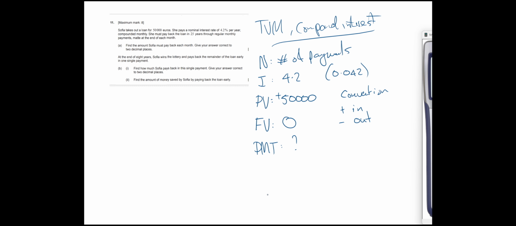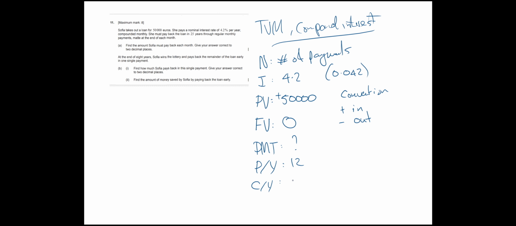Payments per year is going to be 12, which you don't really need to worry about for this one because it's already calculated monthly, so that's going to be 12. You could say that it's compounded annually over 300 years, and you would get the same. No, you wouldn't actually, you would get something slightly different. But as long as they're set, just leave them as they are.